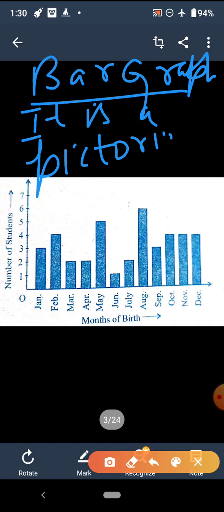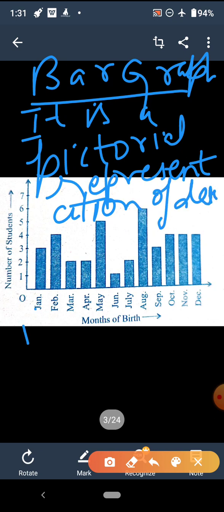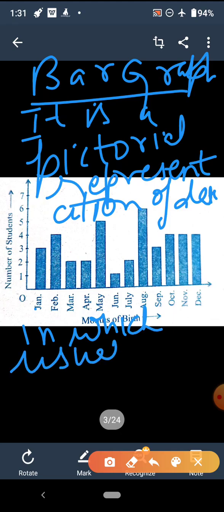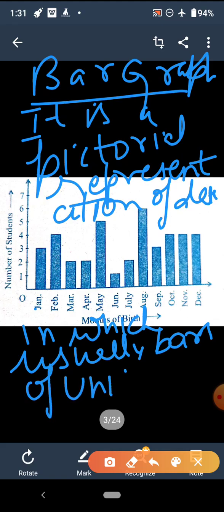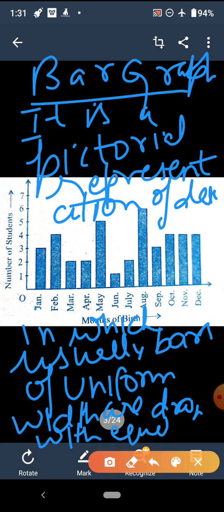It is a pictorial representation of data in which usually bars of uniform width are drawn with equal spacing on one axis.